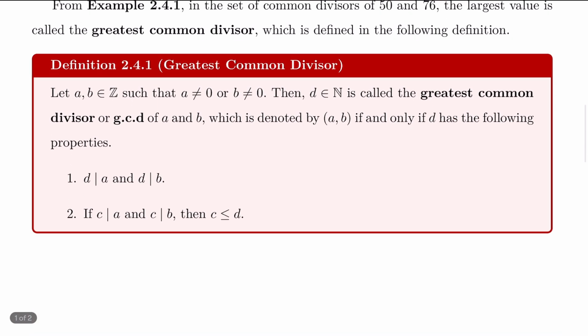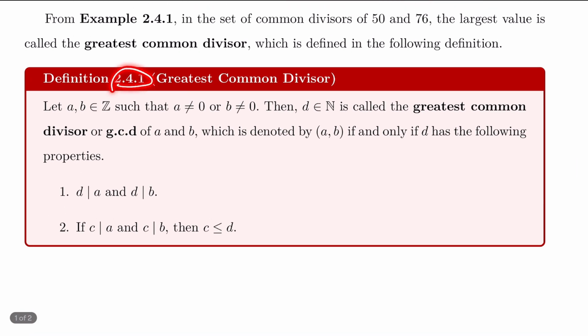Now let's take a look at the definition. We have to start with any two integers a and b, such that a is not 0 or b is not 0.